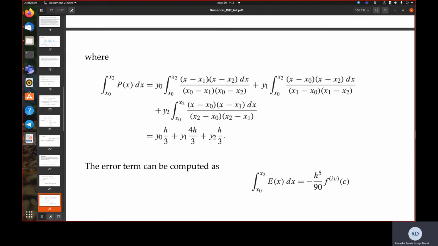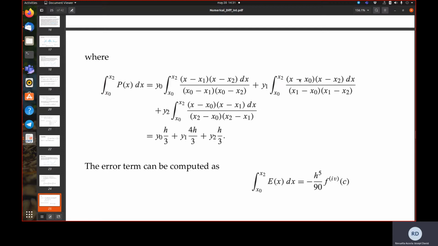If we run the integration as we did for the trapezoid rule, we obtain that the first term is y0 times h divided by 3, the second is 4h divided by 3 times y1, and then plus y2 times h divided by 3.